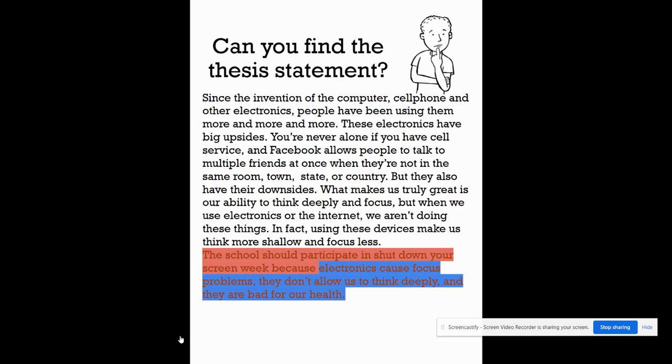They don't allow us to think deeply, and they are bad for our health. So, as you see, our thesis statement can be found at the end of this introduction. They give us the author's viewpoint as well as three key main reasons for the author's viewpoint.